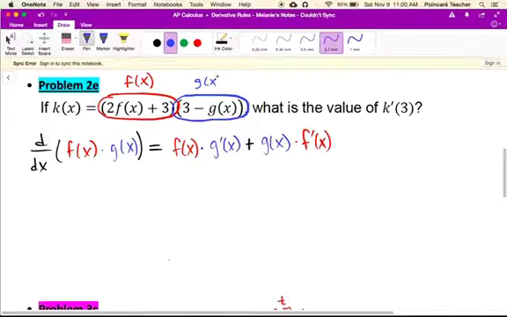So in general, the main rule is the product rule, this function multiplied by this. That's a really good insight for starting this problem: to recognize that I have to use the product rule.